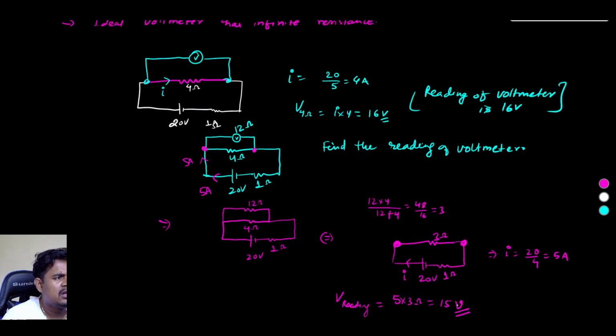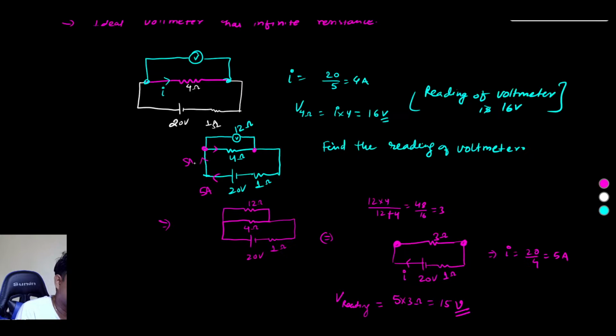Is that clear? Or you can also say that 5 ampere is there, so I will divide the 5 in the ratio of 1 to 3, because 12 and 4 are in ratio 3 to 1.